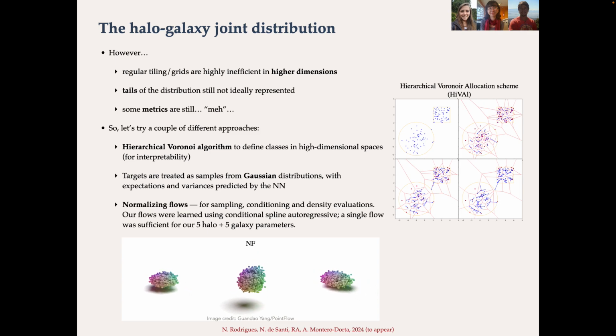But in practice, what you have is some high dimensional, in our case 5-dimensional, properties of halos and 5-dimensional properties of galaxies. And we use normalizing flows as a way to obtain distributions that we can then model much better, instead of having something which is multimodal, that has complicated correlations between different dimensions.